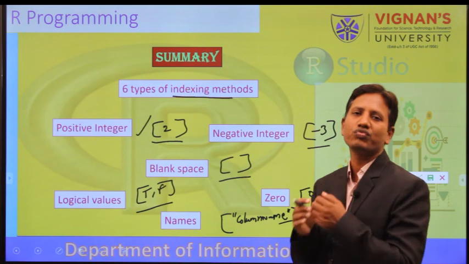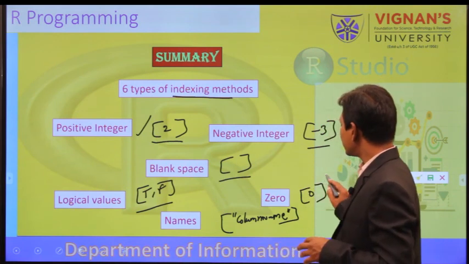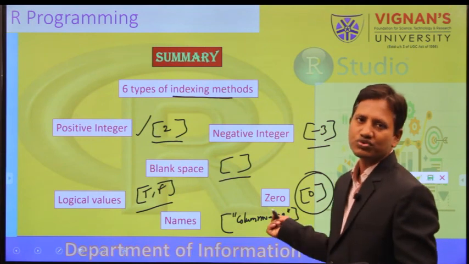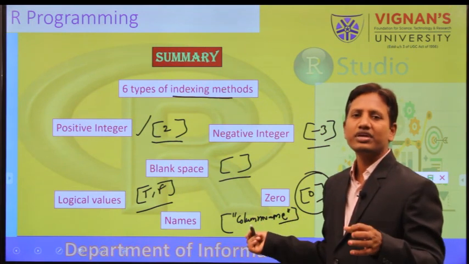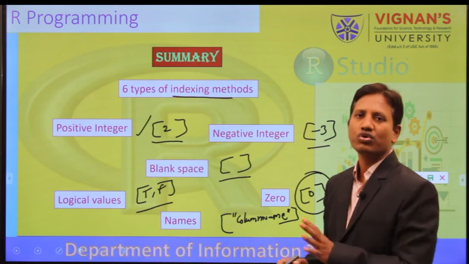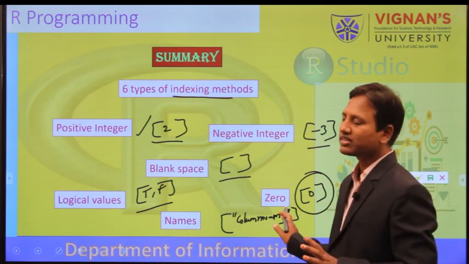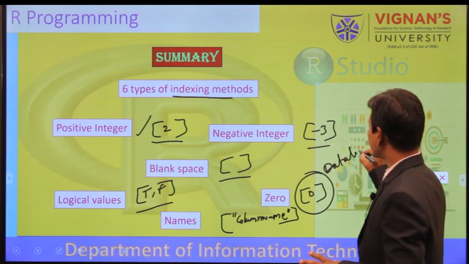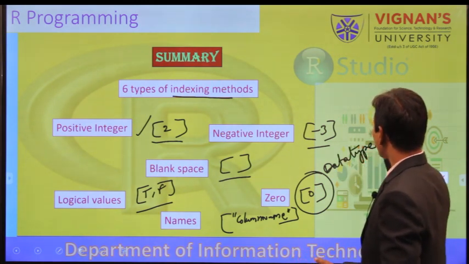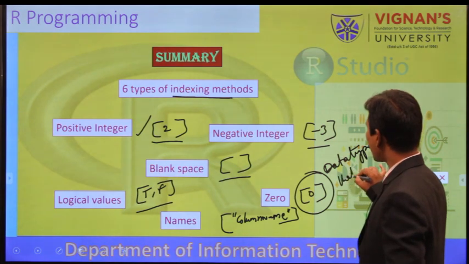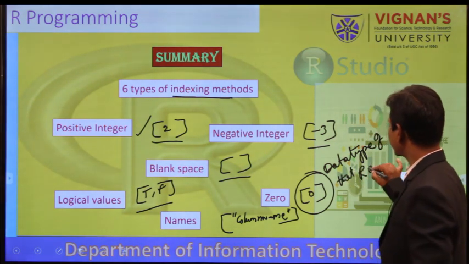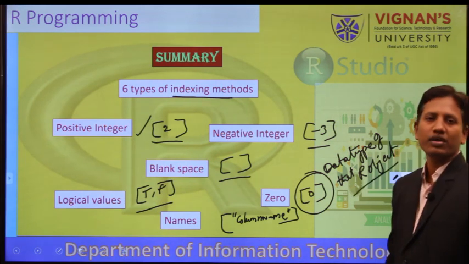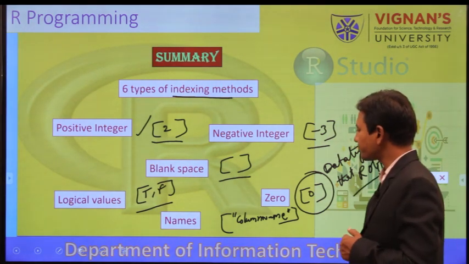And if I put 0, it is of no big use; it creates an empty object, so nothing is selected. It returns the data type of that object.